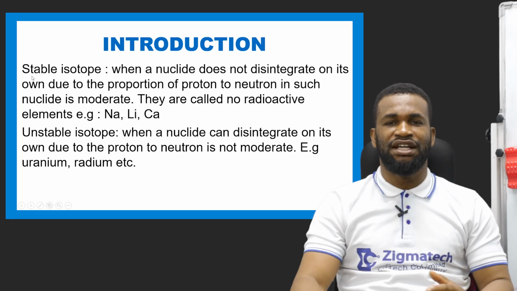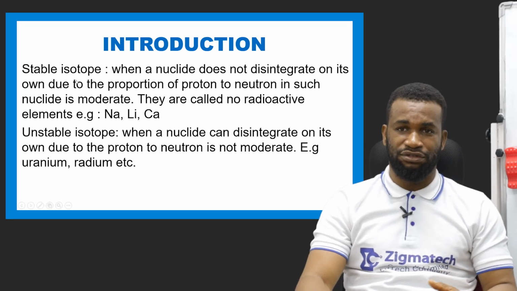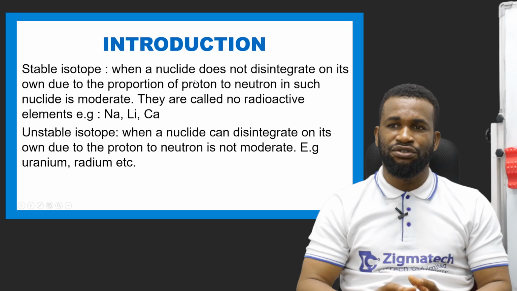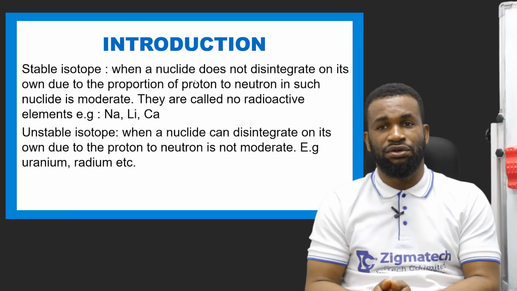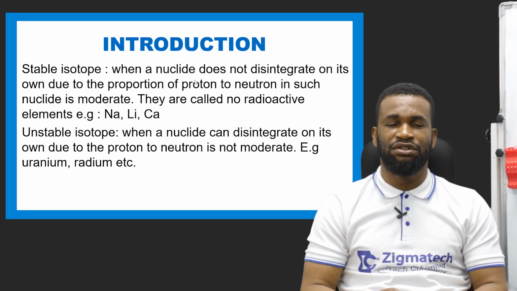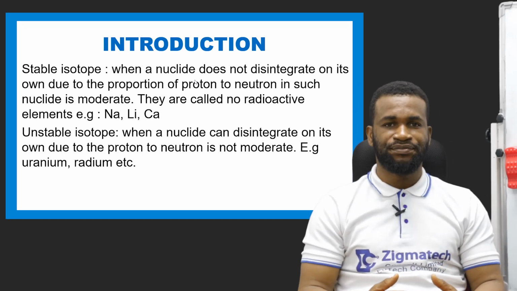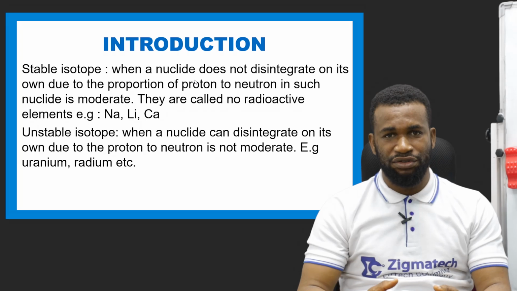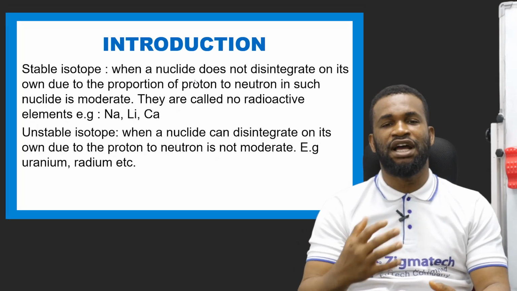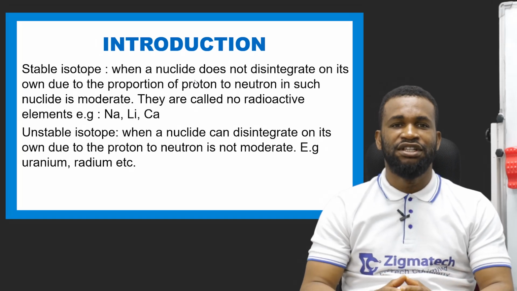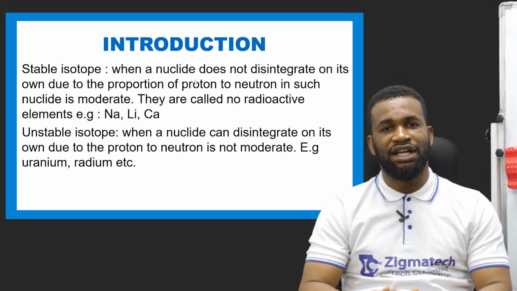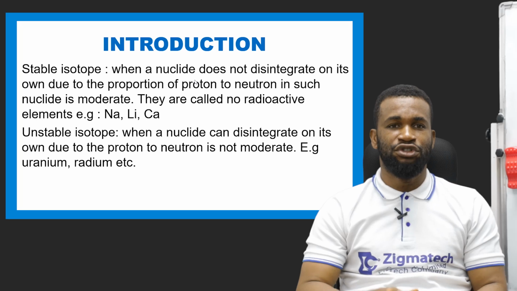Now, we say that there is isotope, stable isotope. When a nuclide does not disintegrate on its own due to the proportion of proton and neutron, that means when the proton and neutron of a nucleus of a particular atom or element or substance is okay, then we say that they have a stable nucleus.